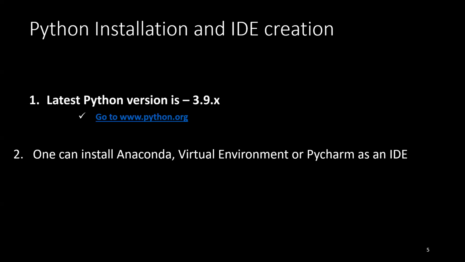And then install any of the IDEs. You can go for a virtual environment. That is my favorite. I do that. Or you can go to Anaconda. This is quite a popular IDE as well. But if you want to productionalize, you might have to go to PyCharm or something of that kind.